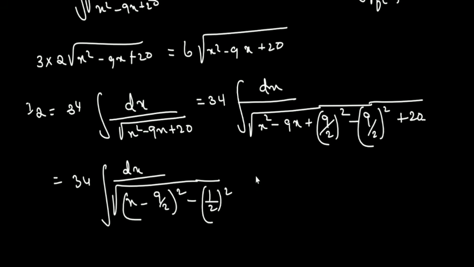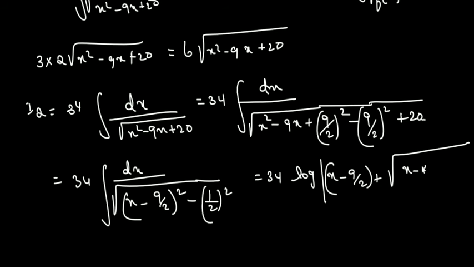So it is equal to 34 into, you know the formula, the integral of 1 by root of x square minus a square is log x plus root of x minus 9 by 2 the whole square minus 1 by 2 the whole square.